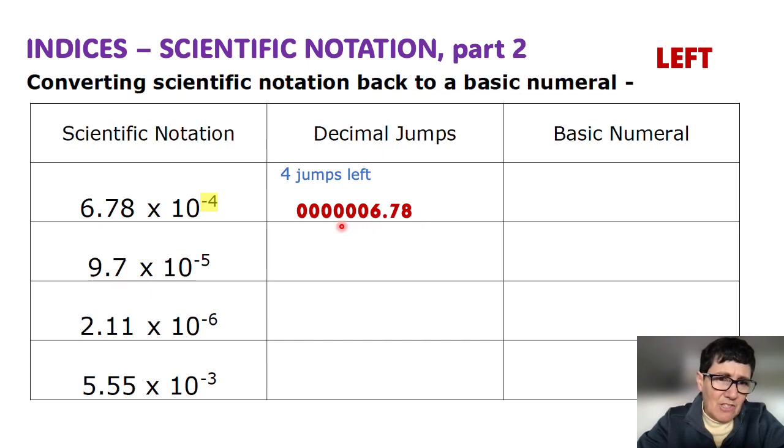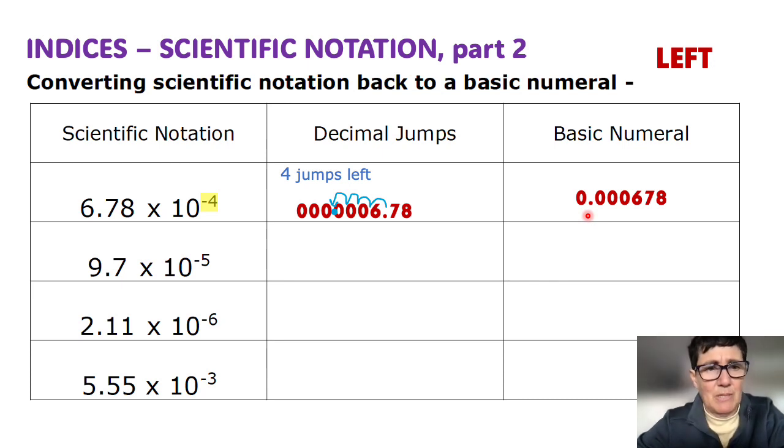So look at all the zeros I put in front. So when I jump, I get to jump somewhere. 1 jump, 2, 3, 4 jumps. Decimal place goes in there, and it looks like this. So decimal place, decimal place. There's my 3 zeros, 6, 7, 8. There's only 1 decimal place in that answer. No 2 decimal place things.